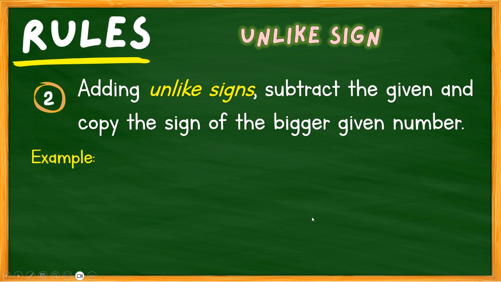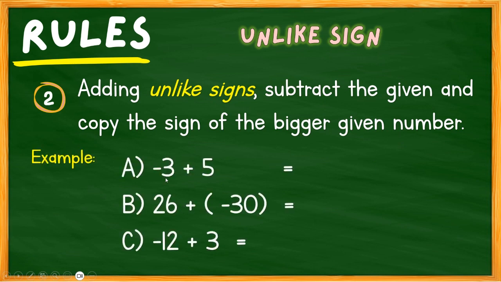Let's have some examples. Letter A, negative 3 plus 5. The sign of 3 is negative. The sign of 5 is positive. Therefore, they are unlike sign. First, we're going to subtract 5 minus 3. The answer is 2. And then you're going to place the sign.